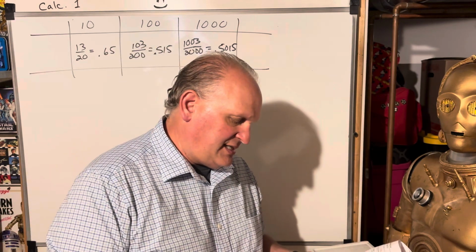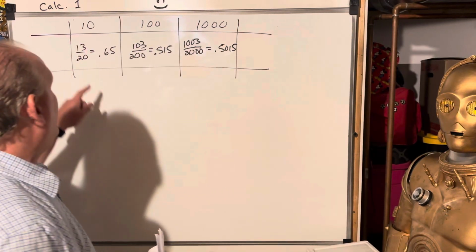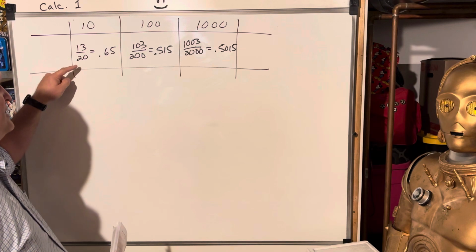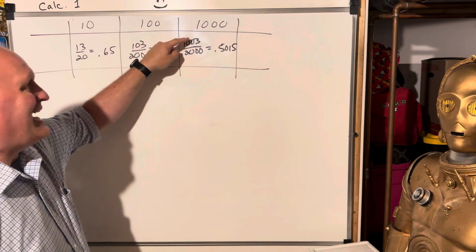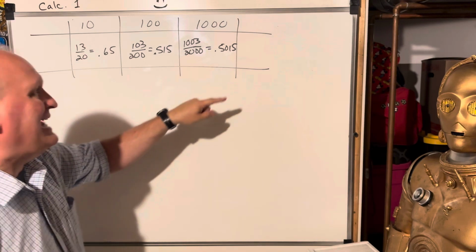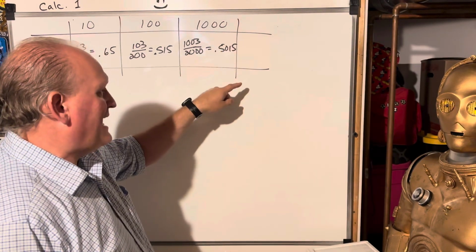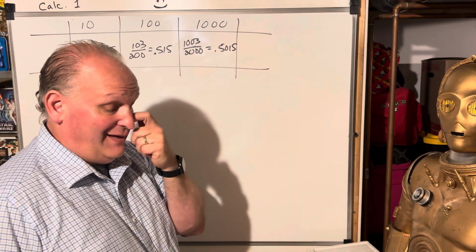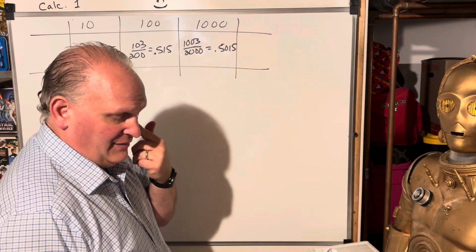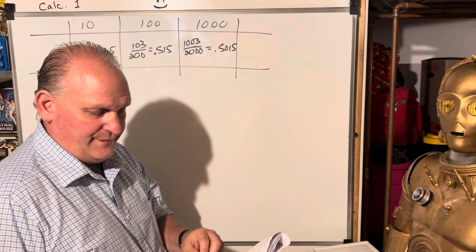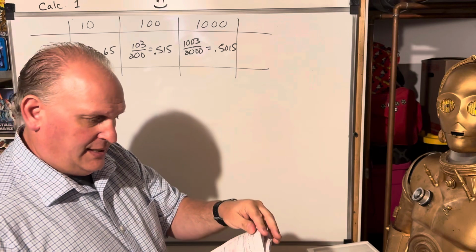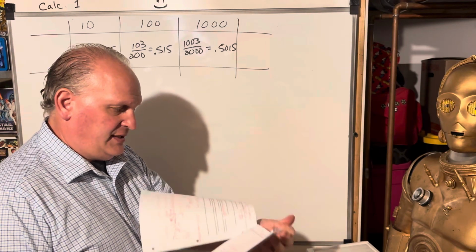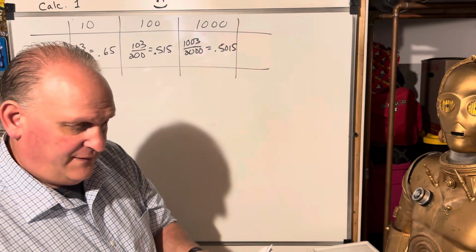And you can kind of see the writing on the wall. It's not so obvious here, 13/20ths, but it gets a lot more obvious with 103 over 200, 1,003 over 2,000, right? 10,003 over 20,000. It's going to 1/2, right? That little plus 3 doesn't do much. So we played around with that in chapter 4, where we had the limit as n approached infinity.